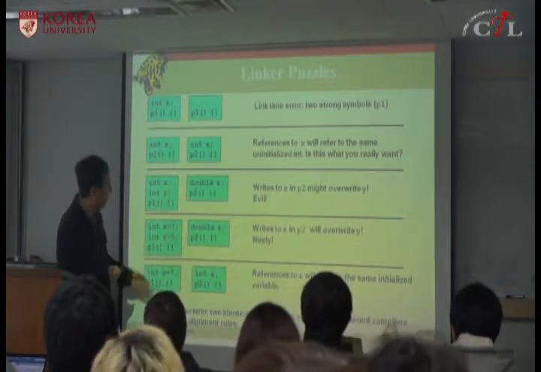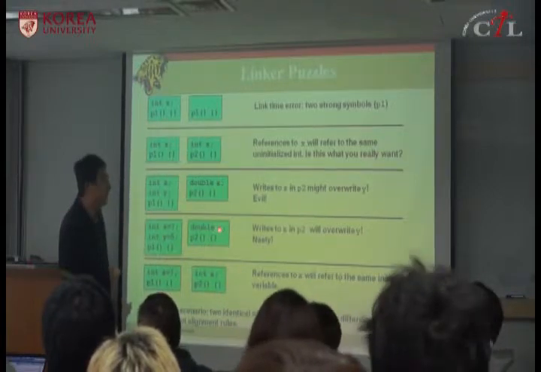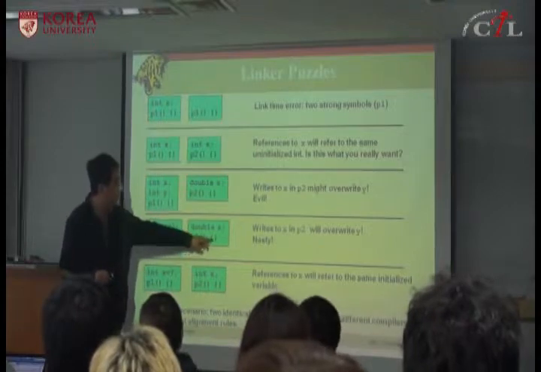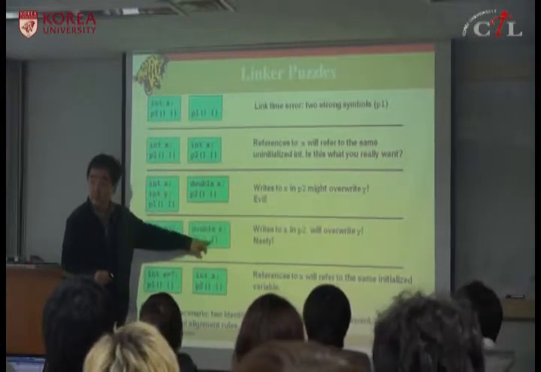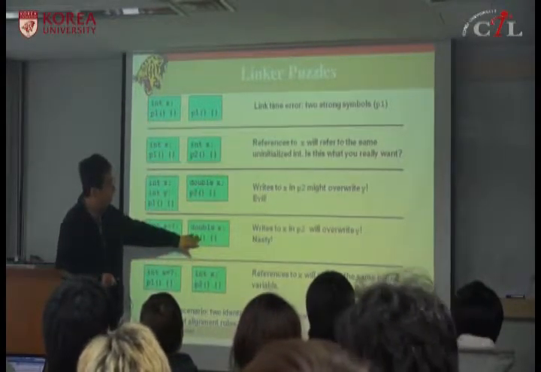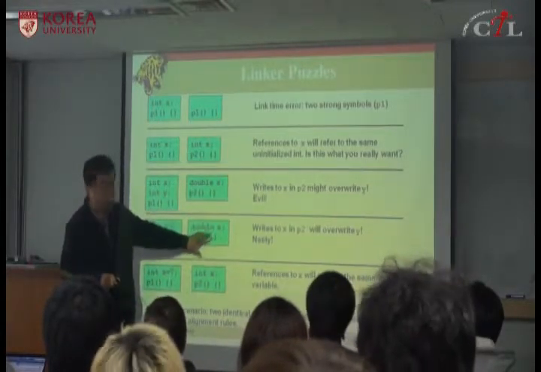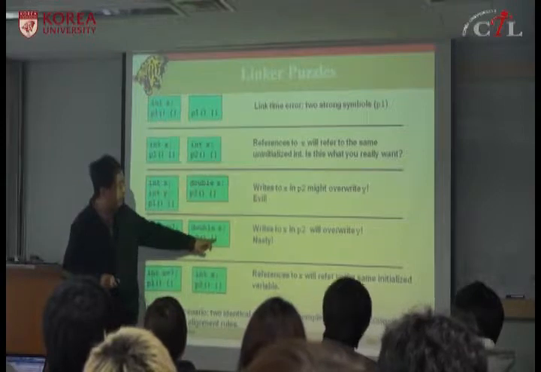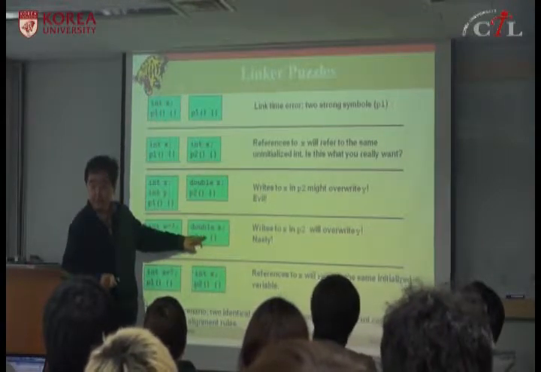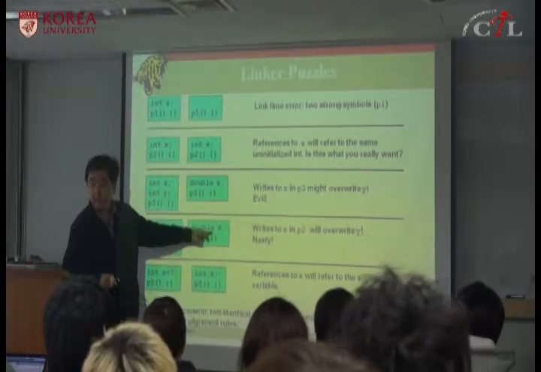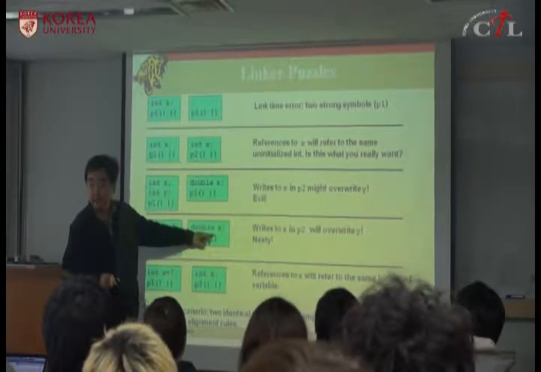Okay, X and Y. Because this is a weak symbol, the linker chooses this definition for the reference to X in this code. This code can be written by another person, and in the write to X he assumed he writes to a double floating point number, which is an 8-byte number.